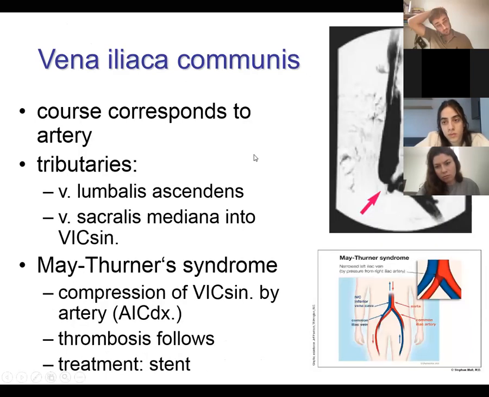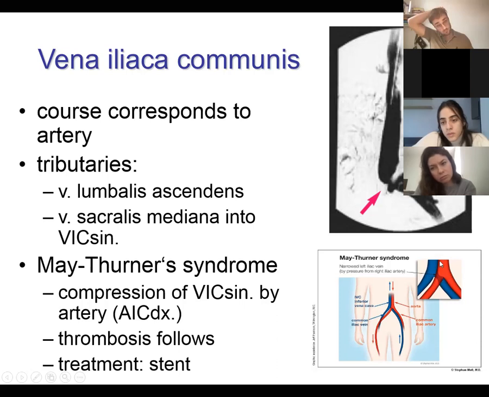And another important clinical point of view is here. We just continue to the common iliac vein. And you can see that based on the right-sided position of the inferior vena cava and left-sided position of the abdominal aorta, the right common iliac artery compresses the left common iliac vein against the vertebral column.